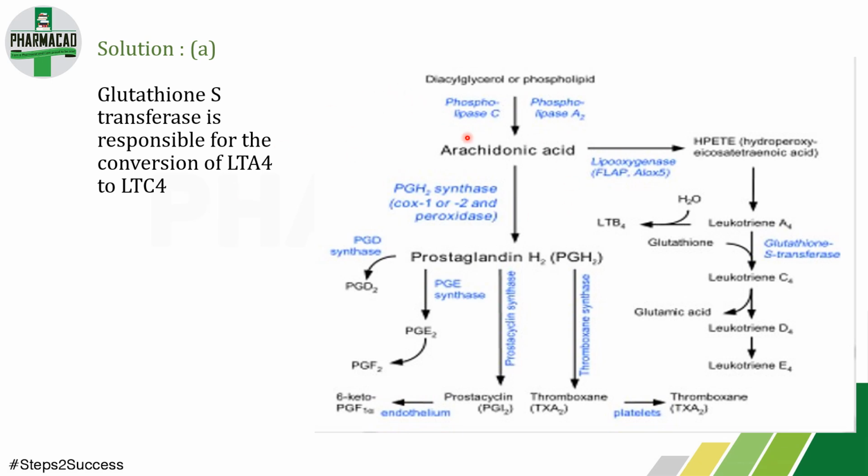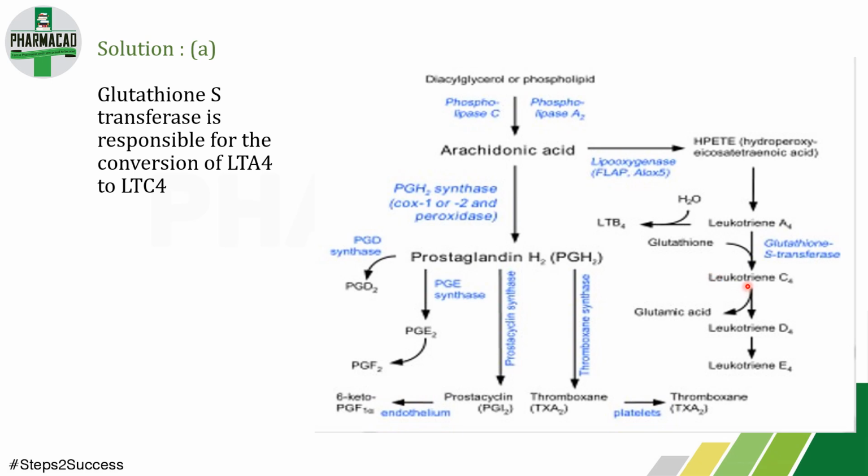So this is the pathway which follows from arachidonic acid and it leads to the formation of leukotrienes, prostacyclins, thromboxanes. Now the question that was asked is leukotriene C4 is generated from LTA4 by the action of which enzyme?